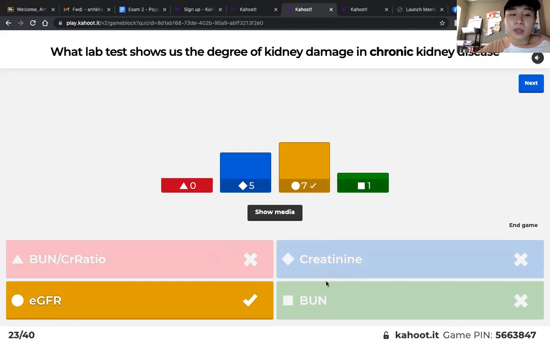We know that creatinine, BUN, and eGFR are the three main labs for the kidney. Creatinine indicates the function of the kidney, BUN shows how hydrated the patient is, and eGFR is the rate of the blood perfusing the kidney. And if the eGFR is low, it means that the kidney is being damaged because there's no blood perfusing.